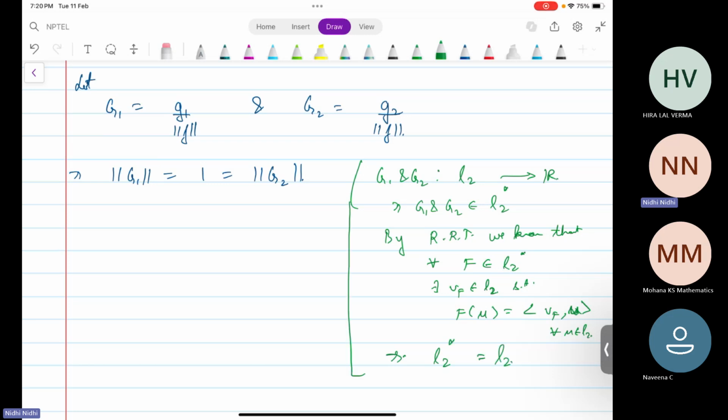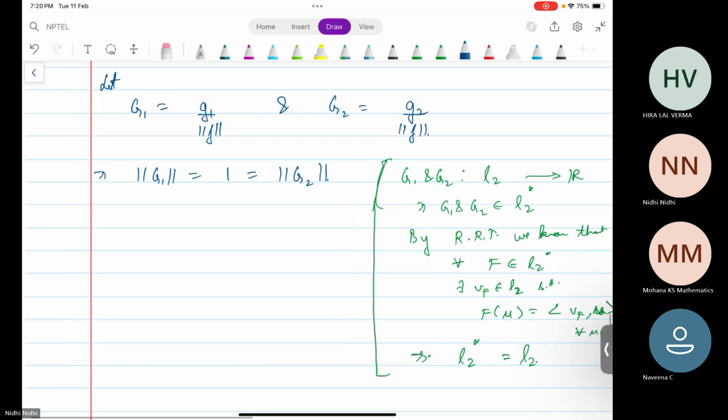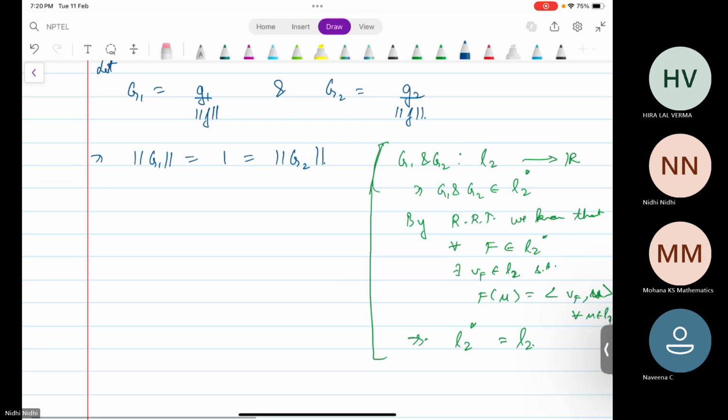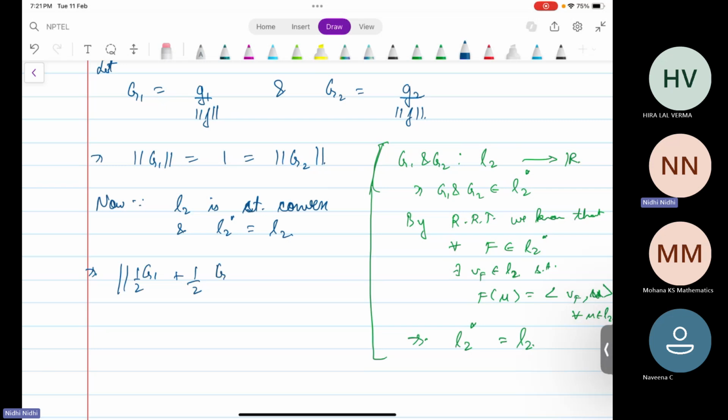Now we will use the strict convexity of the space L2. Since L2 is strictly convex and L2 star is equal to L2, we get norm of 1 by 2 G1 plus 1 by 2 G2.